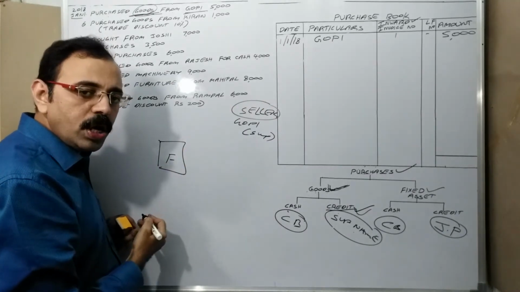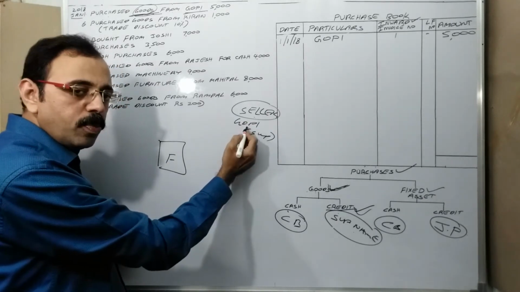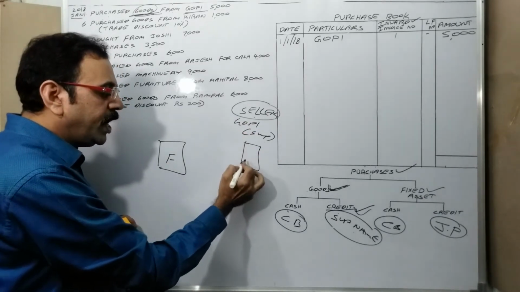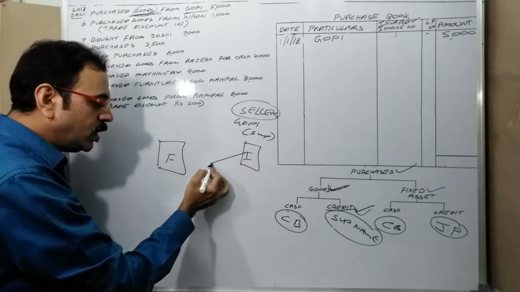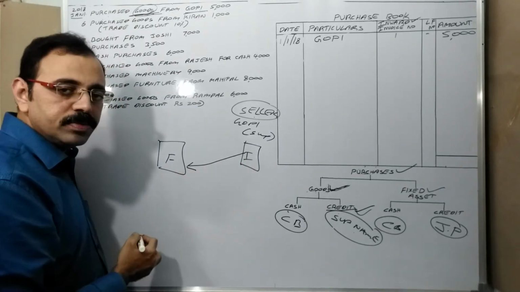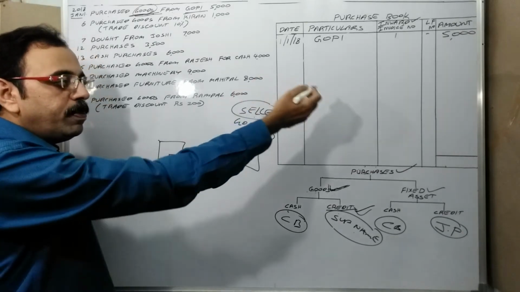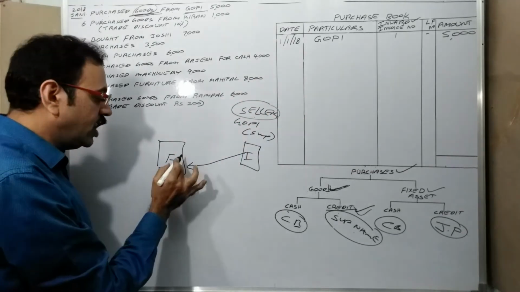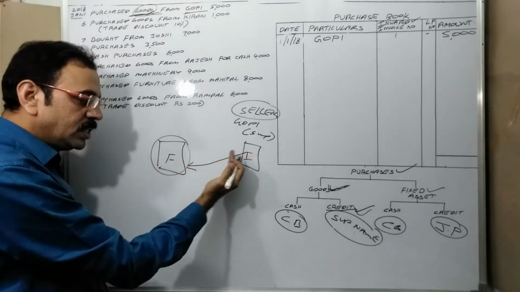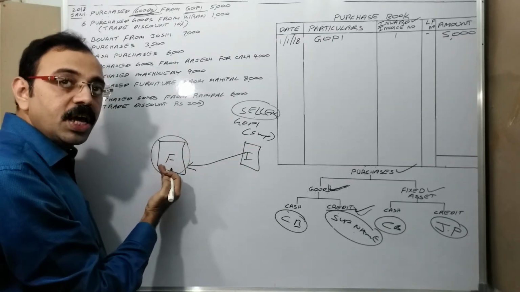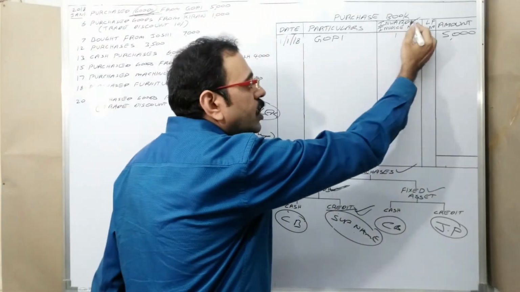Who issues invoice? Seller only. Gopi only. Gopi prepared one invoice and he issued that invoice to us. When you are preparing accounts, you know very well, you should think from firm's point of view. Then to the firm, this invoice is coming. Therefore, we should write inward.